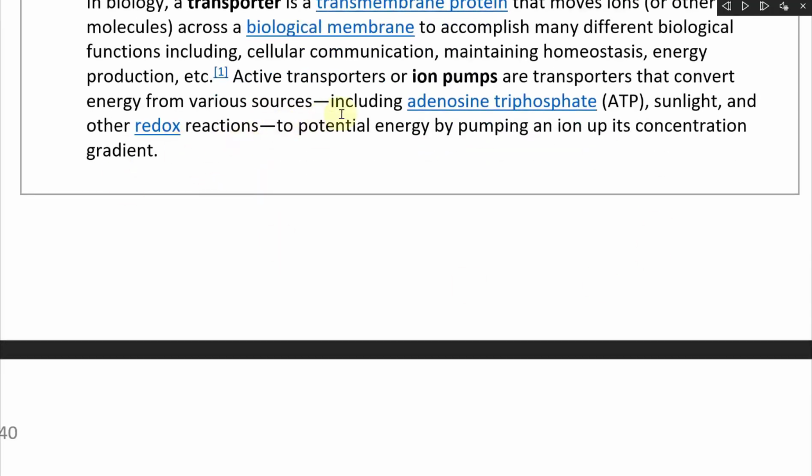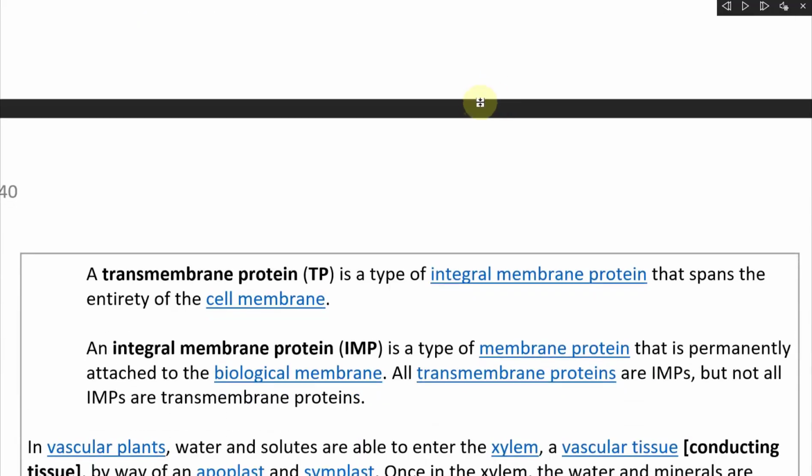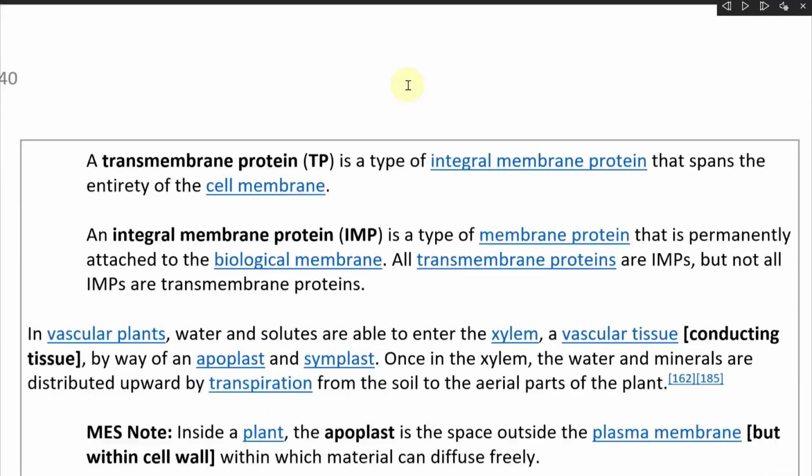So for example, with sunlight, you pump in a bunch of ions, and once you have a concentration of ions, you can utilize that for other mechanisms. So that acts as potential energy storage.